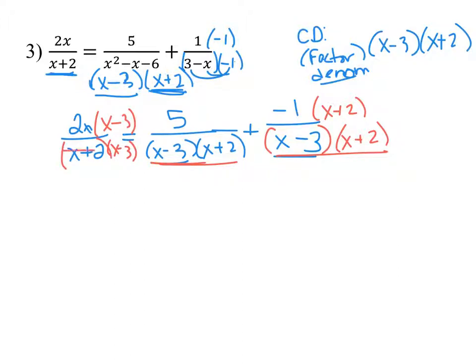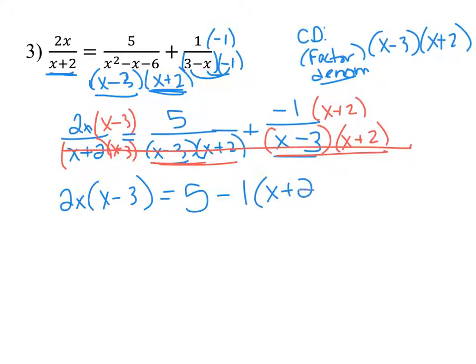So now the denominators are the same. I can eliminate them, and that's what I was going for. 2x times x minus 3 equals, now just eliminate it and rewrite it here. All right, so take a second, solve this equation, and we'll come back.